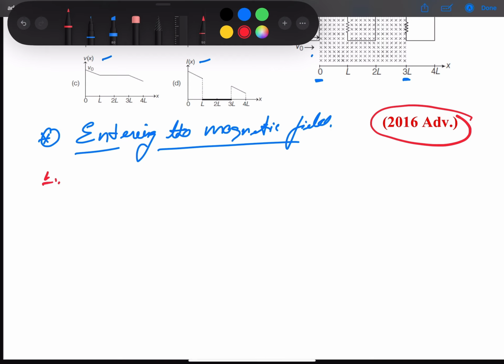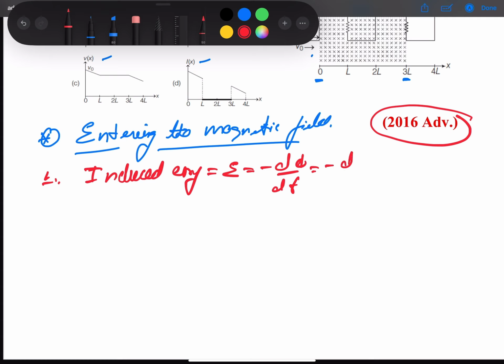We can say that induced EMF will be equal to minus d phi upon dt. We can substitute the formula for the flux phi.